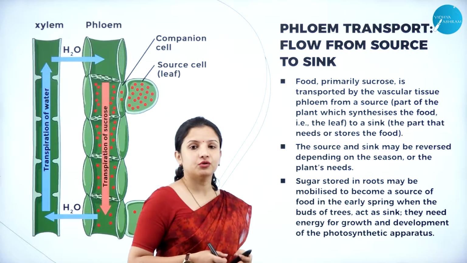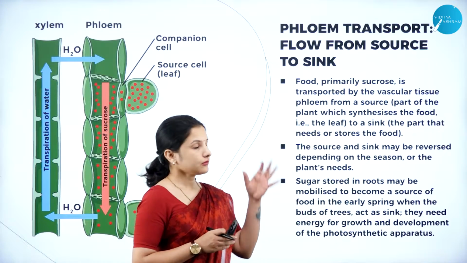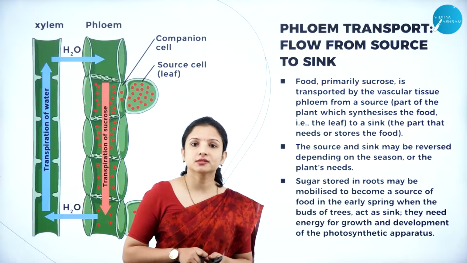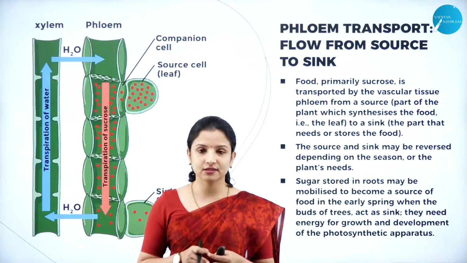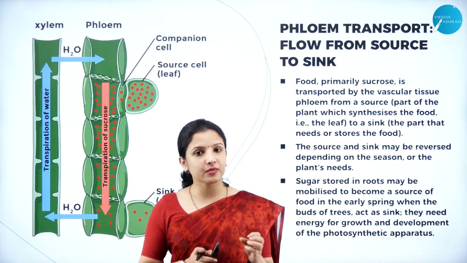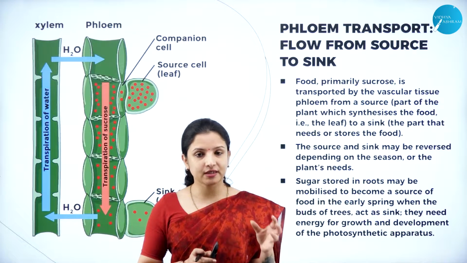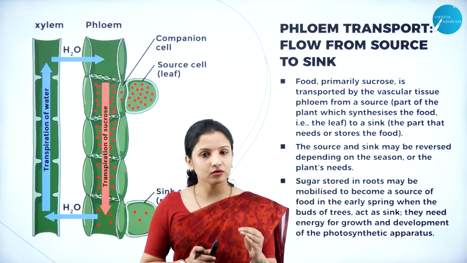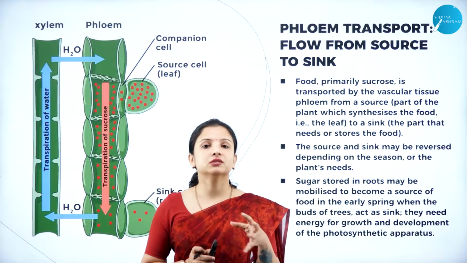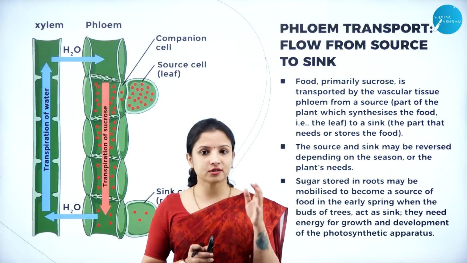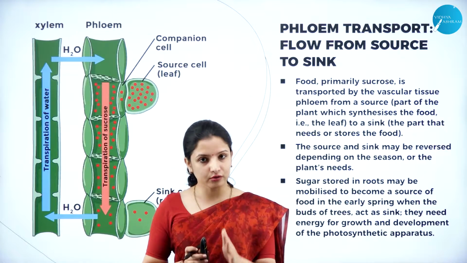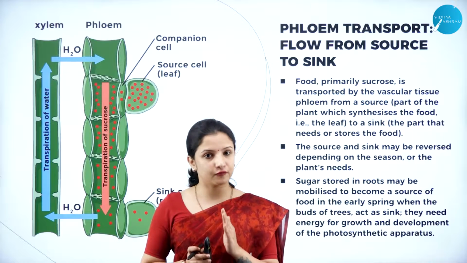So what is the source and what is the sink? Here we shall consider photosynthesis. When plants photosynthesize, we know that plants make use of carbon dioxide and water and also sunlight's energy, which is trapped by the chlorophyll pigment, and therefore carbon dioxide and water get converted into glucose, which is the food source for the plant.